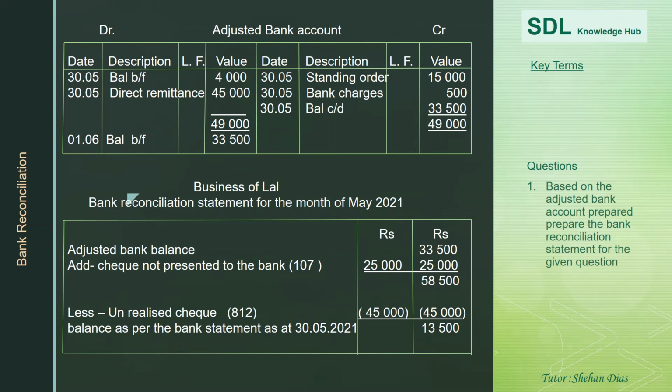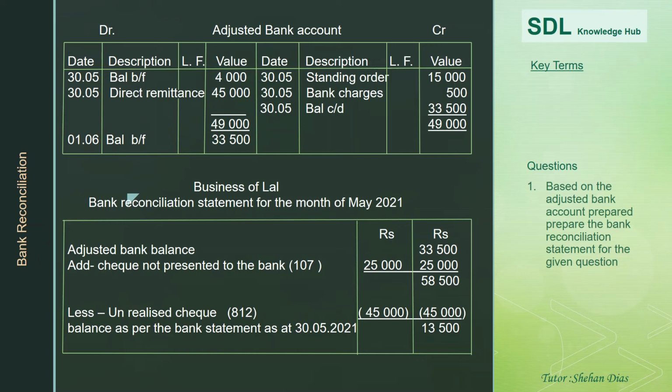Now we can prepare the adjusted bank account based on what is not recorded, or the reasons for the difference. From that, we only record 3 items, that is standing order, bank charges or checkbook charges, and direct remittances, which are not recorded in the bank account of the organization. Based on the question, there's a standing order for 15,000, bank charges for 500 and direct remittances for 45,000.